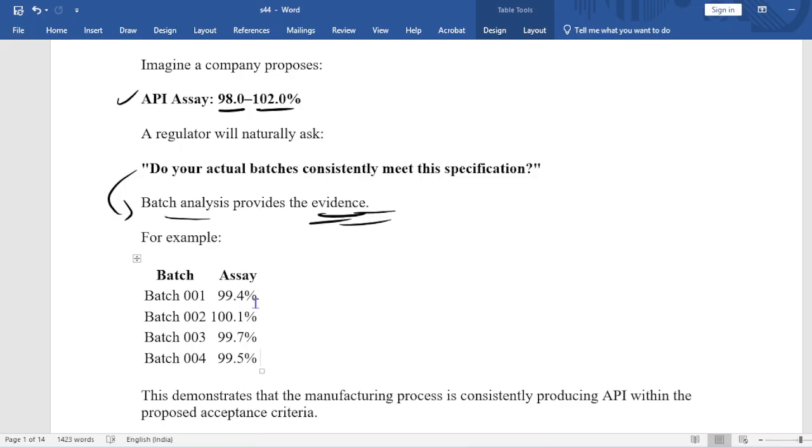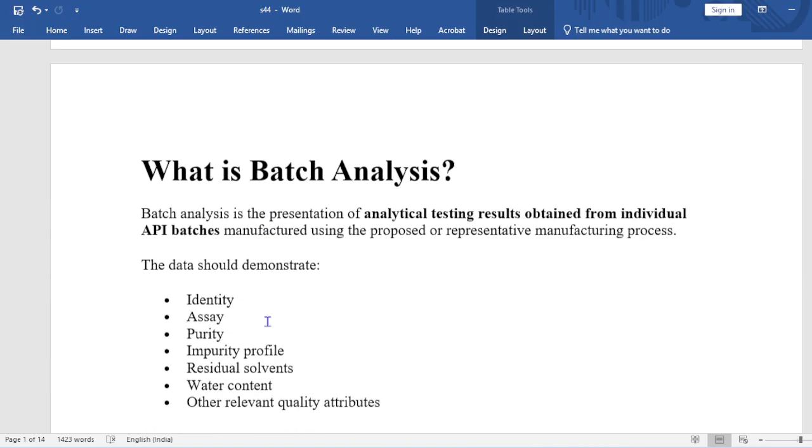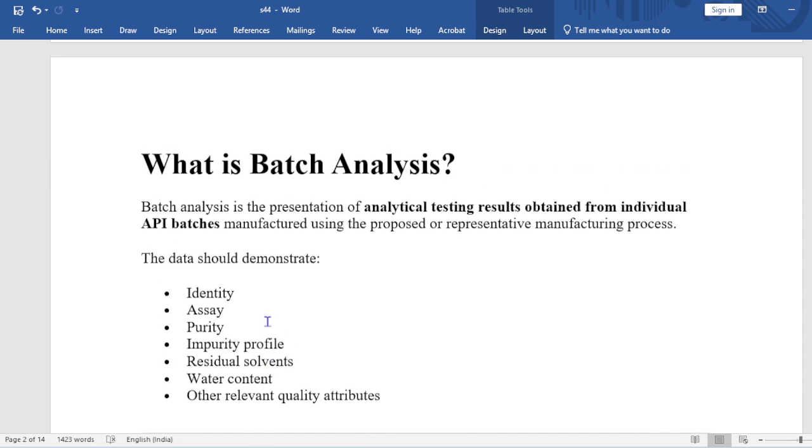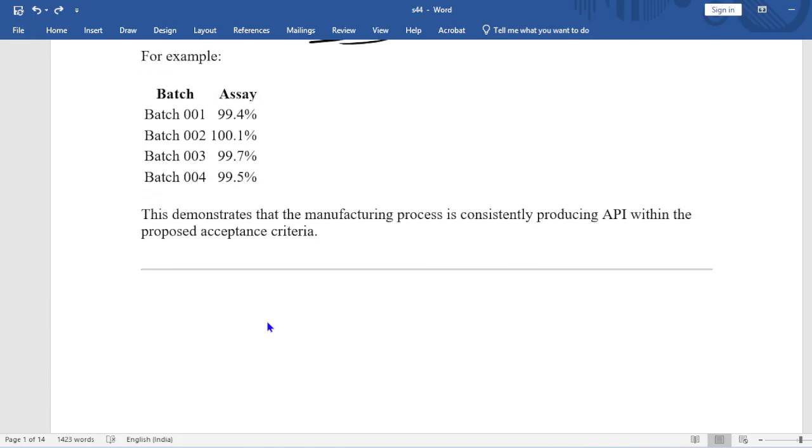Now, before we dive deeply into batch analysis, we'll first understand what it means. Batch analysis is the presentation of analytical testing results obtained from the individual API batches.